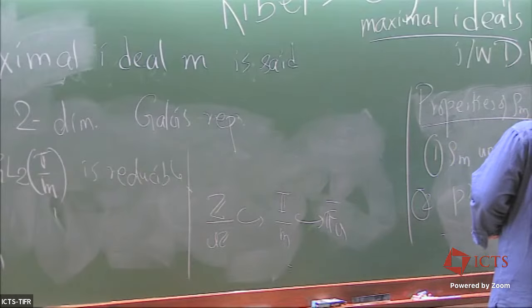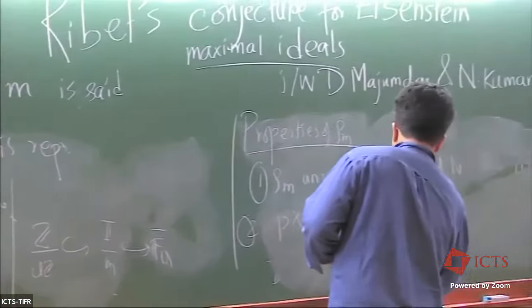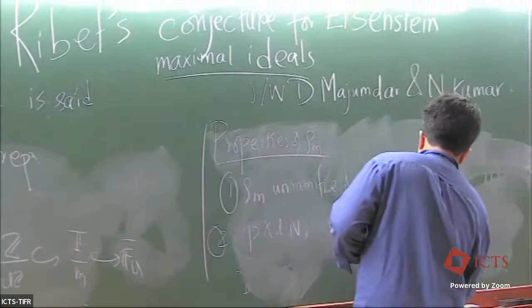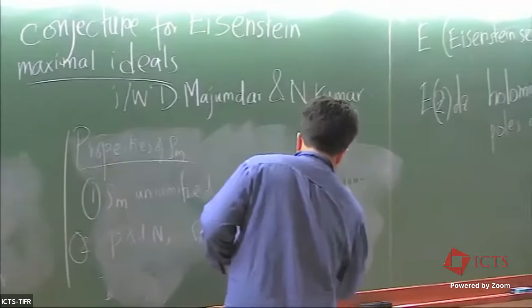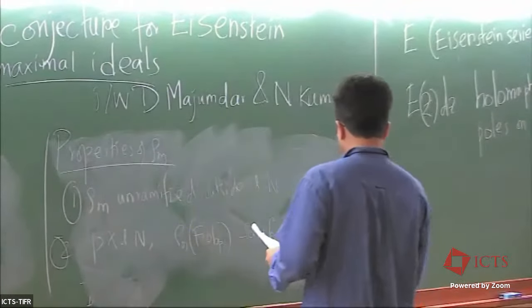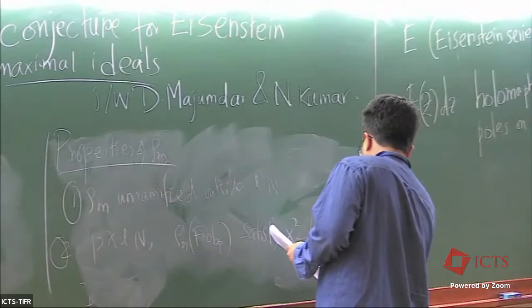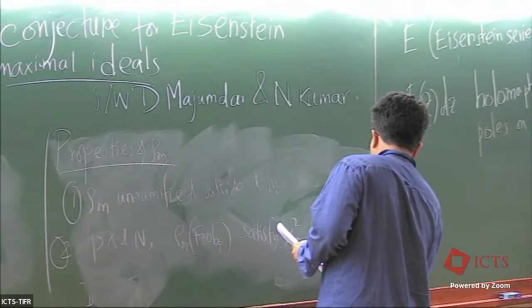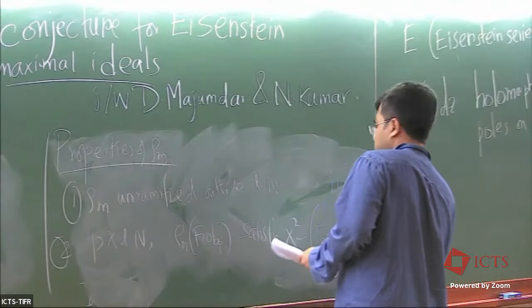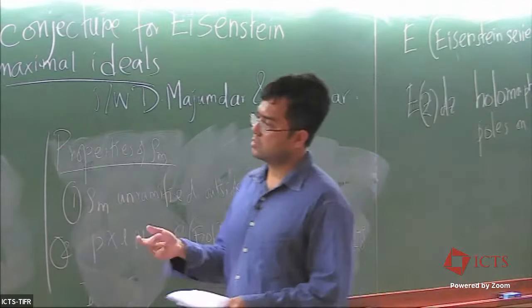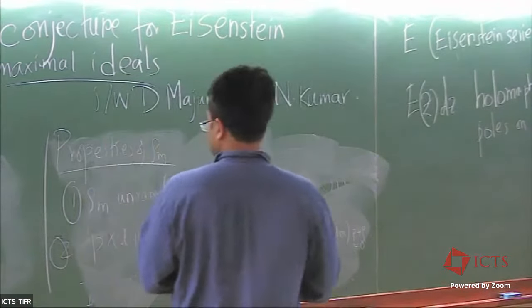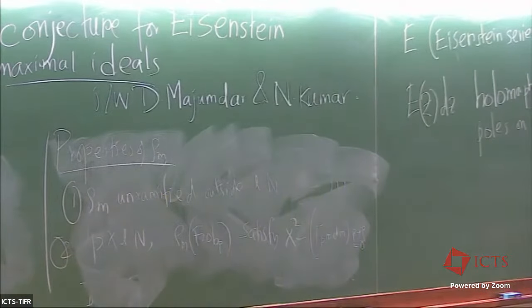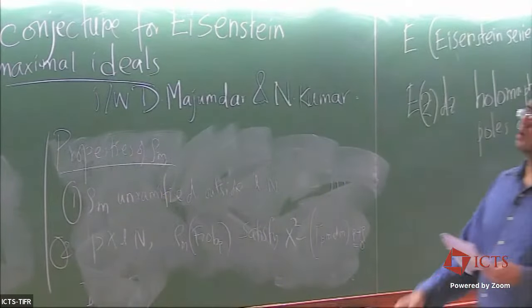Rho m of Frobenius at P satisfies this usual square X squared minus T_P X plus P. Most of the time we study this irreducible, but this uses Deligne's theorem, and that's true for any eigenforms.